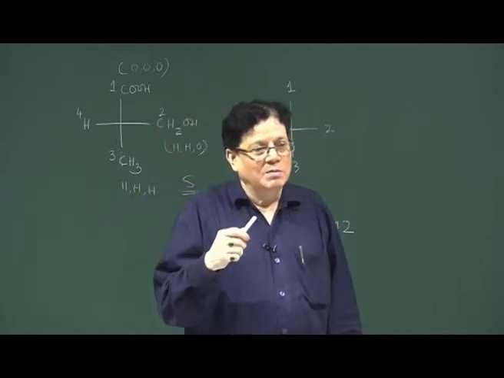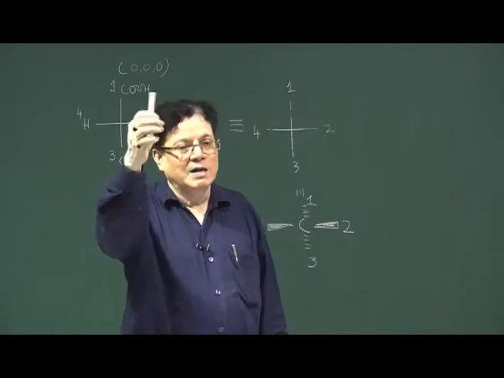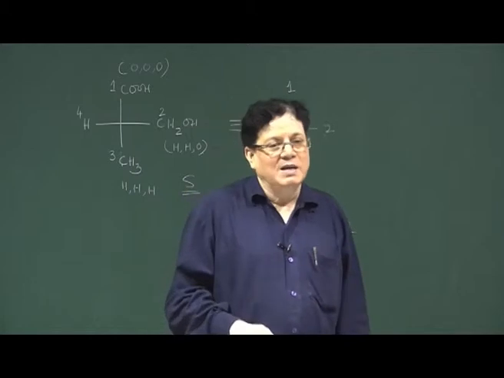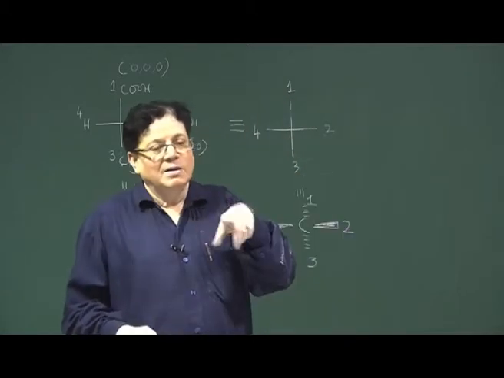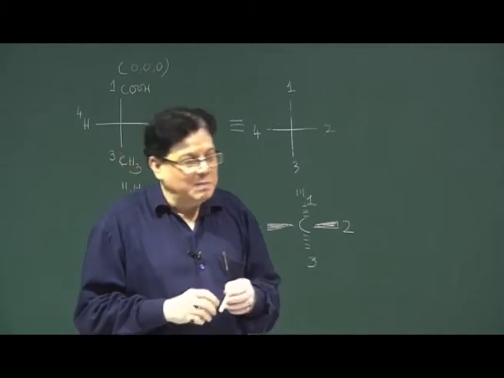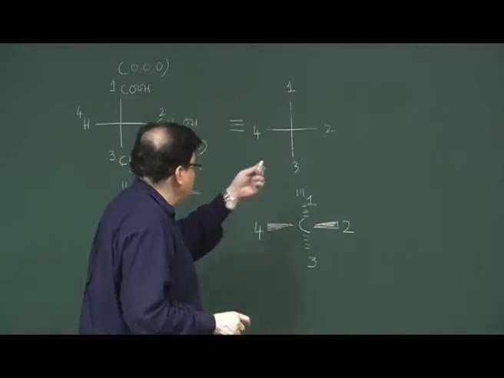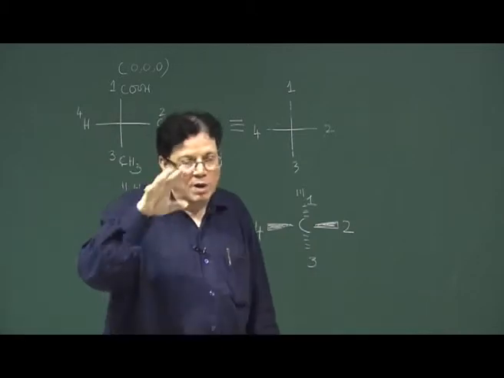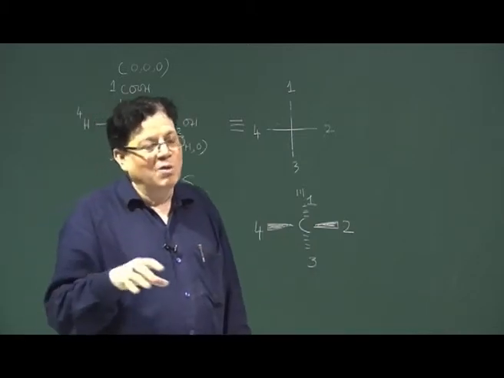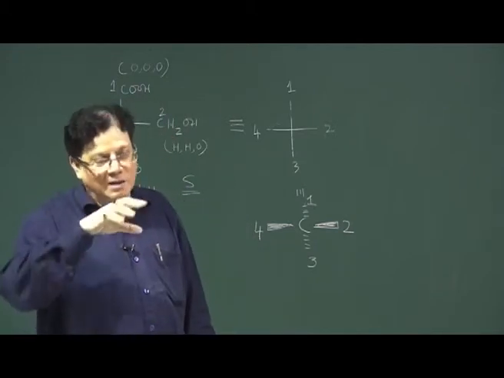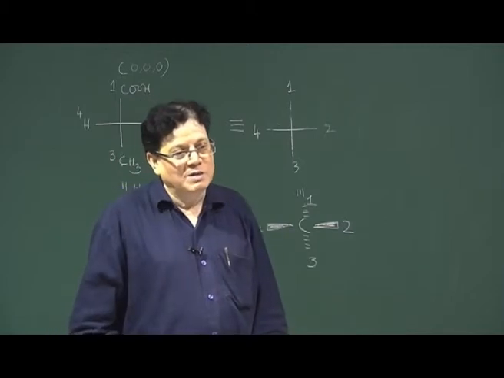But if I could look at the clock from the back side, I would see the hands of the clock moving in the anti-clockwise direction. That means, if I see the molecule where the fourth group is away from me, and the direction 1 to 2 to 3 is clockwise, then if the fourth group is towards me, that clockwise will become anti-clockwise.